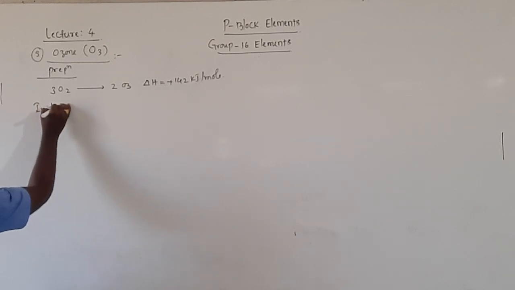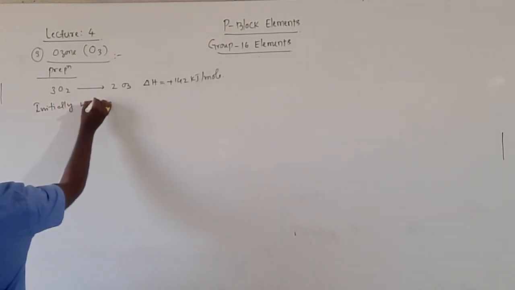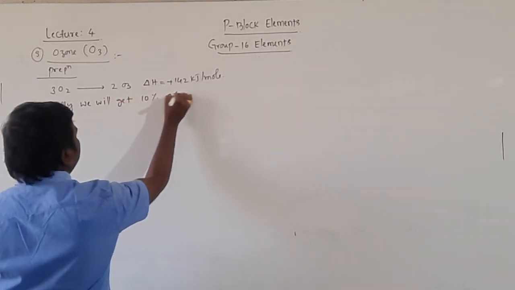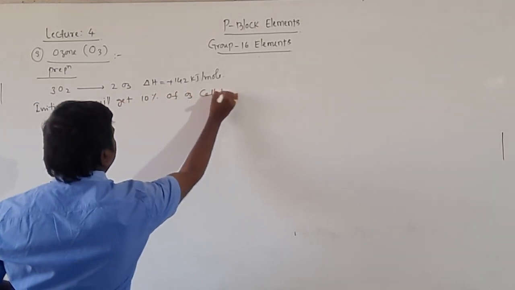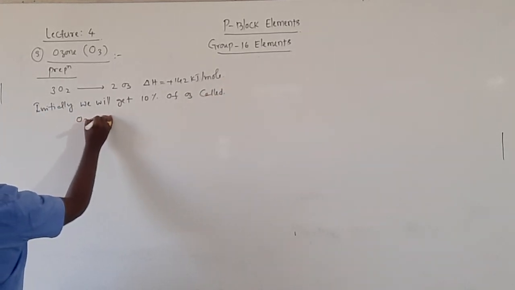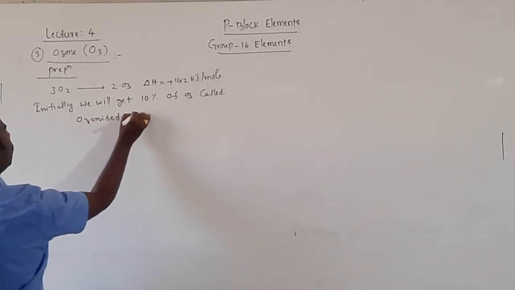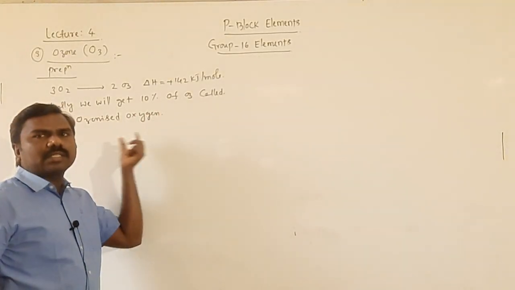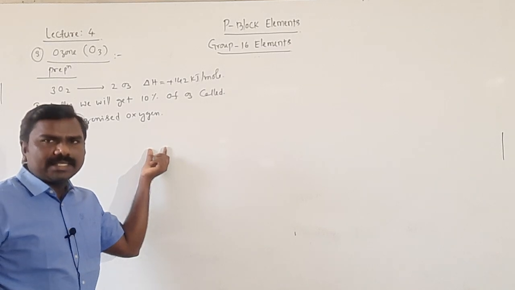It will be passed through an ozonizer, which is an apparatus, then we will get 100% ozone. Initially we get only 10% ozone, remaining is oxygen, that's why it is called ozonized oxygen.